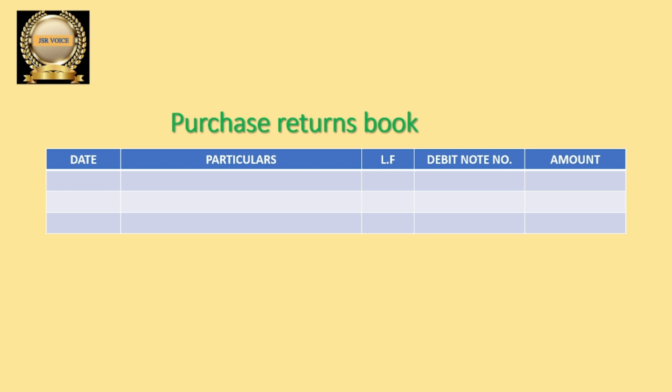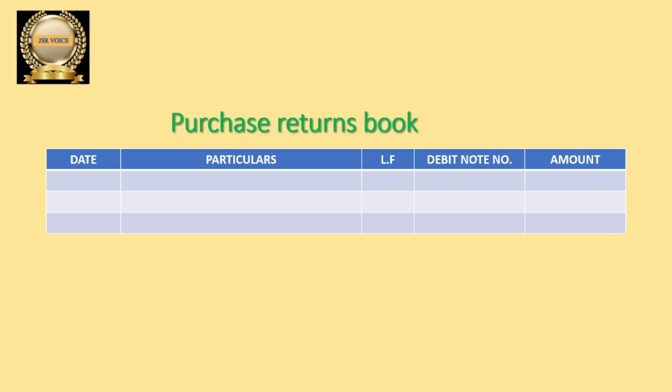But in the purchase returns book, it is not invoice number, it is debit note number. And the last one is the amount column. So if we compare this purchase returns book with the previous two books, the debit note number column is a new column here. So you have to remember this format.